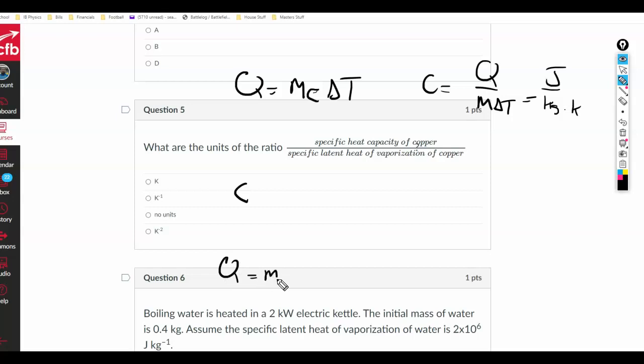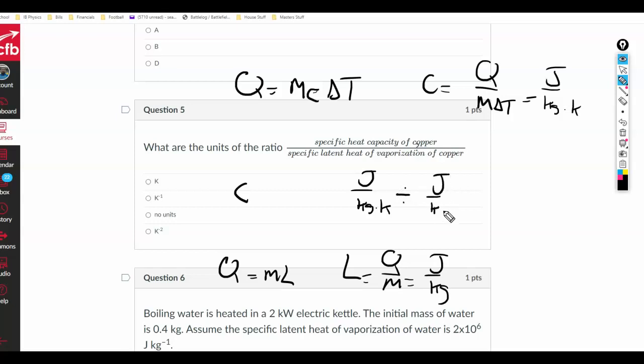Likewise, if you take the equation that has latent heat in it, you can show that latent heat has units of joules per kilogram. So what happens if you take joules per kilogram Kelvin and then divide by joules per kilogram?